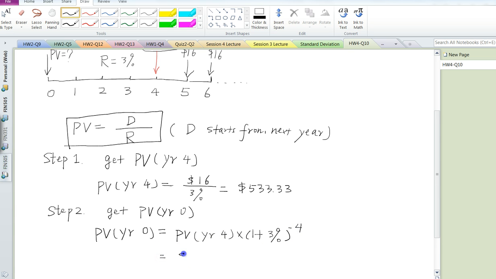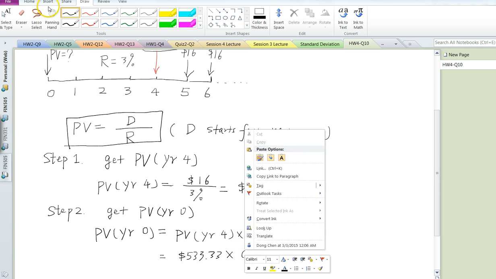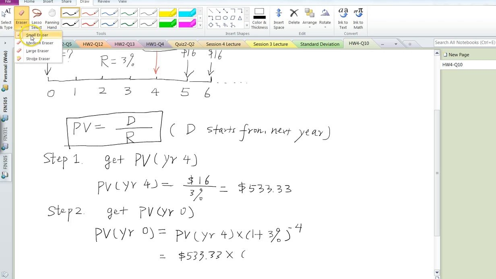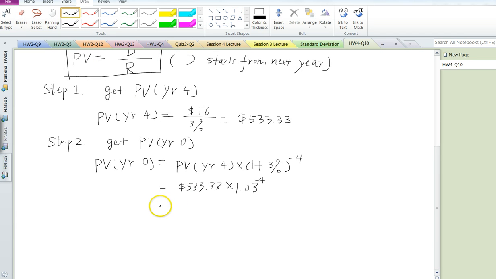So just plug in numbers. 533.33 times 1.03 raised to the power of negative 4 equals, I just did the calculation in my calculator, this turns out to be 473.